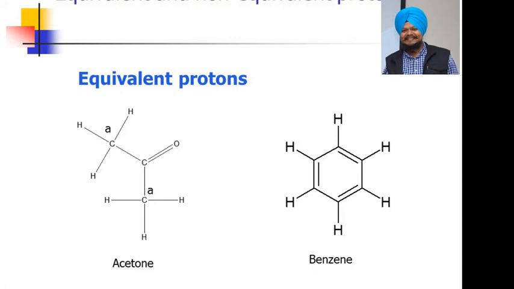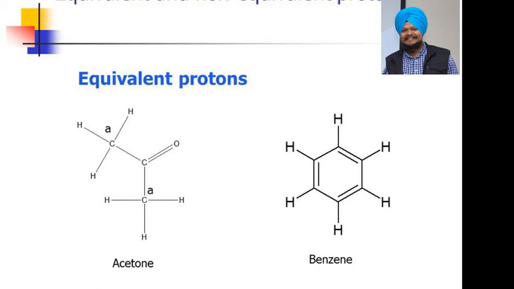The neighborhood of this carbon and of that carbon is the same. Therefore the environment of these protons is magnetically the same, and we are only interested in the magnetic environment. Therefore they will have a single peak in the NMR spectrum.